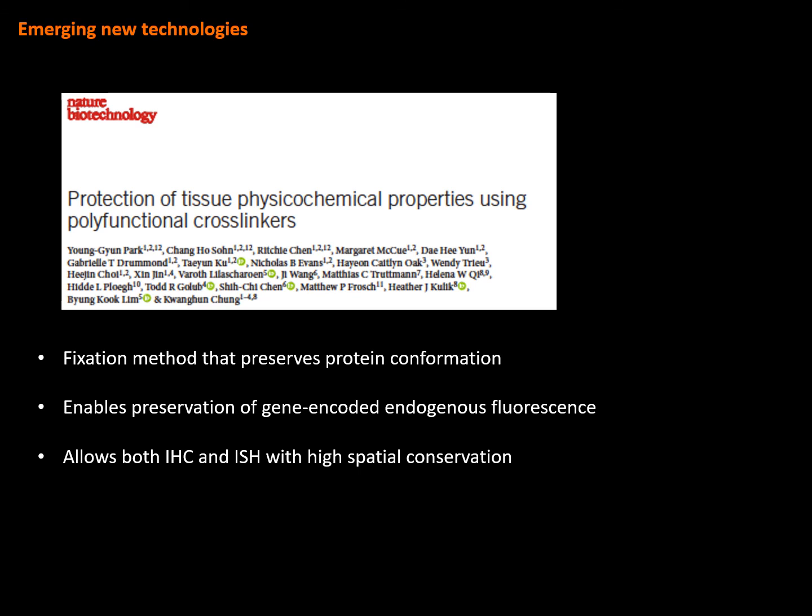It's one less incubation that you have to carry out, and it allows you to perform both immunohistochemistry of other targets and also in situ hybridization of genes of interest with high spatial resolution. And I'm sure that you will see more work coming out in the near future with this type of fixative reagents, which I think is very promising.